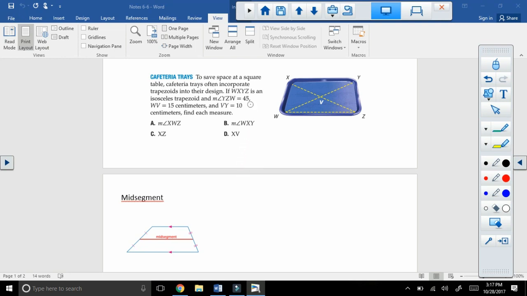Okay, and then for this example at the bottom it says, to save space at a square table, cafeteria trays often incorporate trapezoids into their designs.